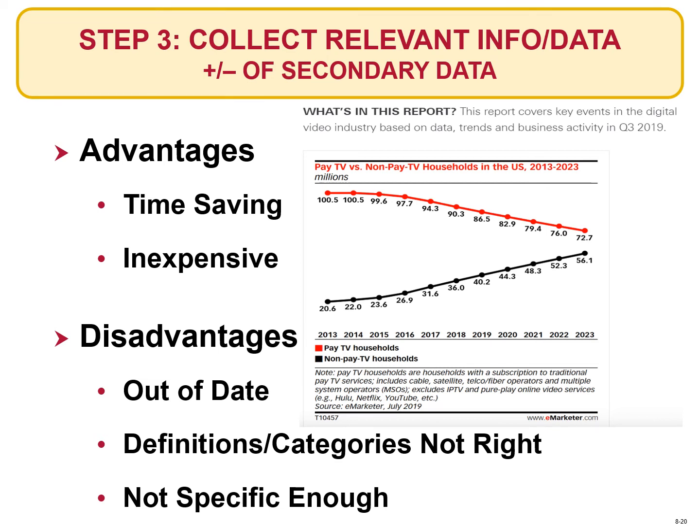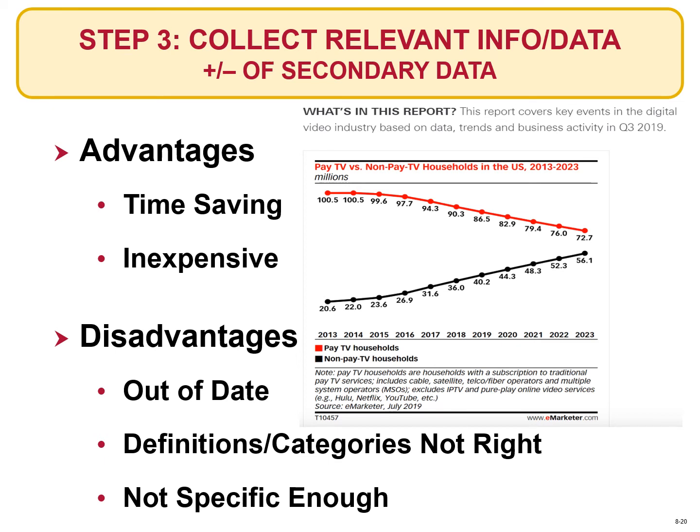Now, when I was wanting to use this data, my definition of pay TV was completely different than their definition of pay TV. If I read the note at the bottom, it says pay TV households are households with a subscription to traditional pay TV services, includes cable, satellite, telco or fiber operators and multiple system operators, excludes IPTV and pure play online video services, example Hulu, Netflix, YouTube, etc. So this is not what I was looking for.